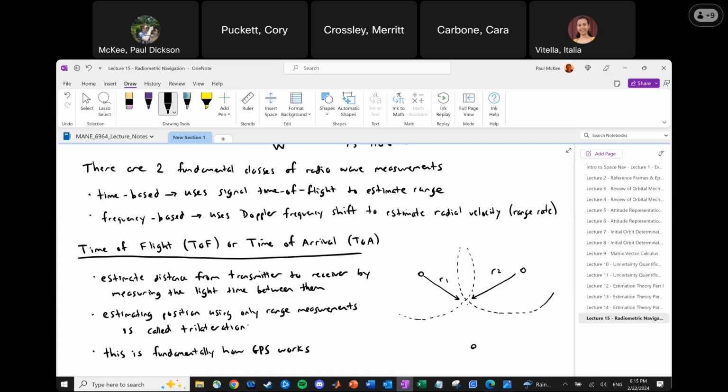And then similarly, if you are this distance away from your third transmitter, we'll call this R3, so maybe this traces out an arc like this, then the intersection of those three arcs is where you, the observer, must be.